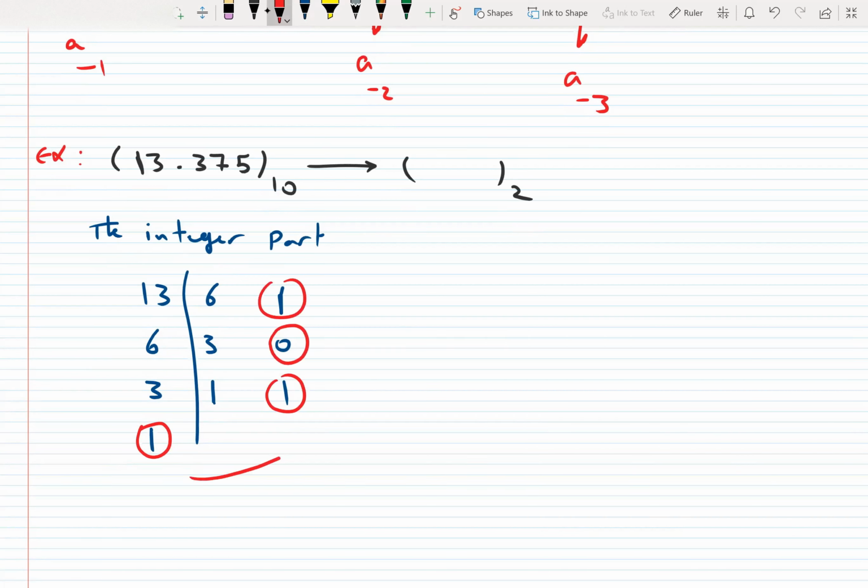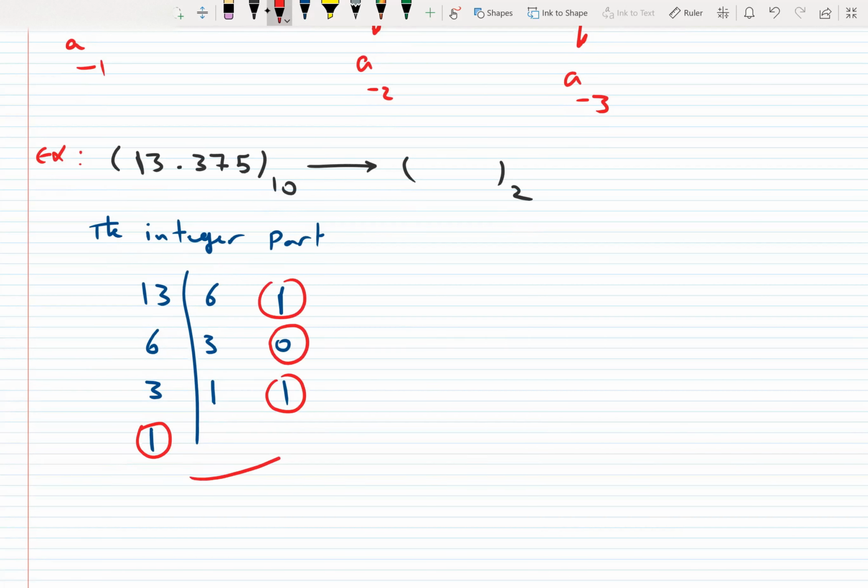We keep this 1. 0.5 times 2 is 1.00. We keep 1, and we stop here because we got 0 in the fraction part.